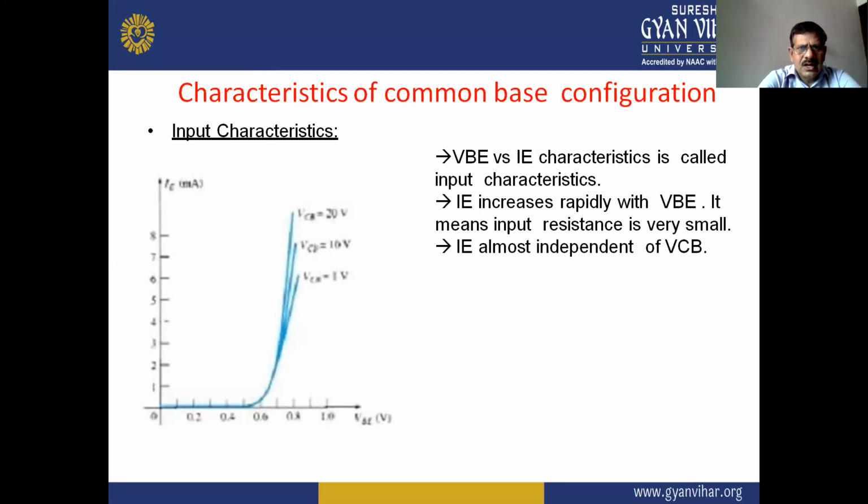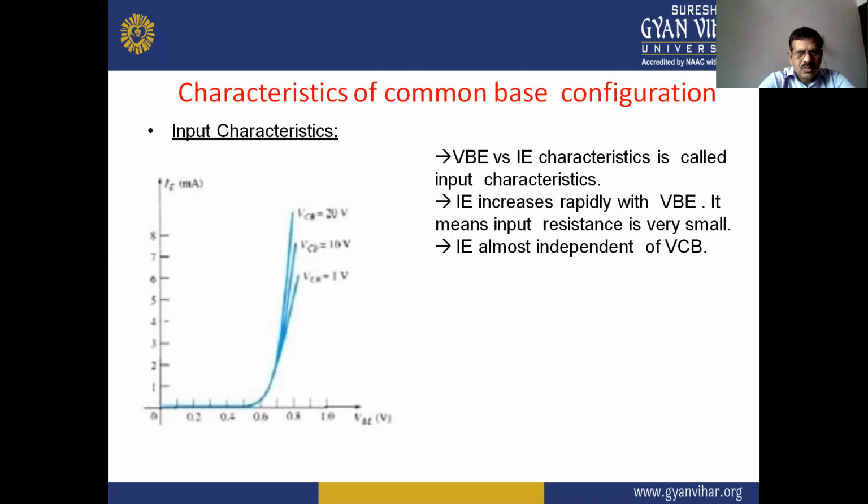Now we draw the characteristics of common base configuration. So what are the characteristics of common base configuration? We draw the graph between emitter current versus base to emitter voltage at different collector to base voltages.